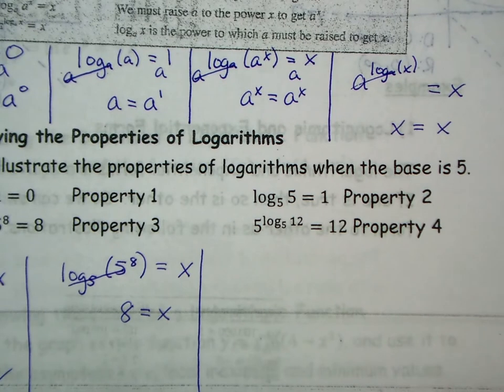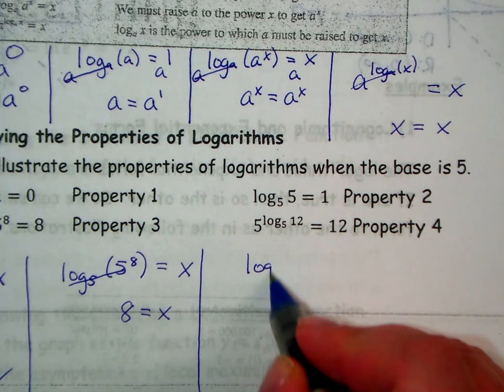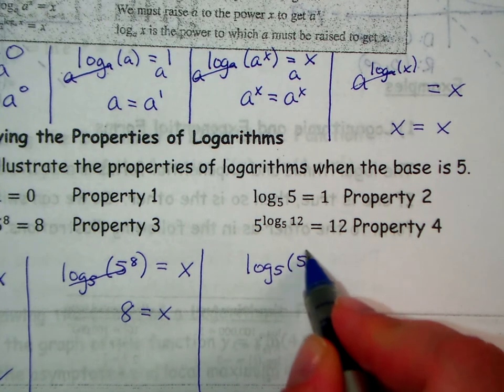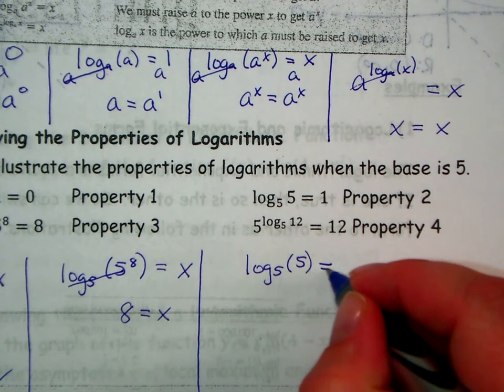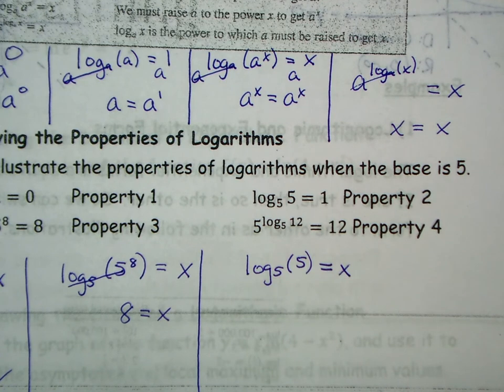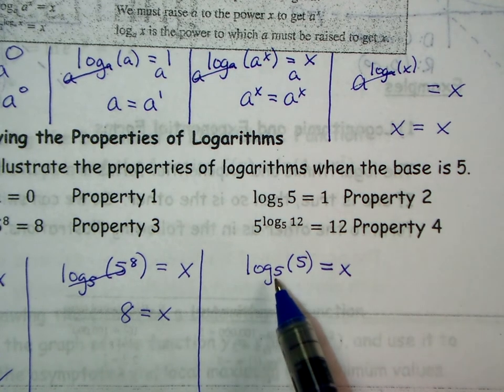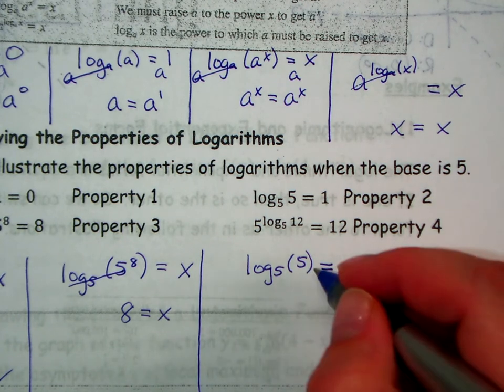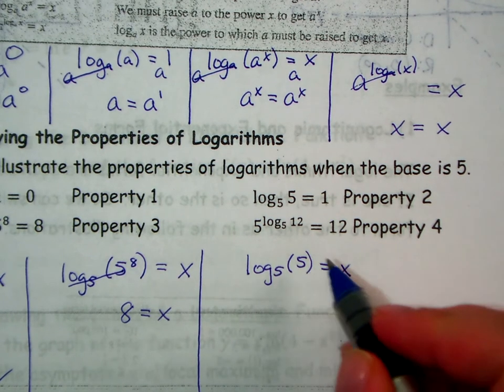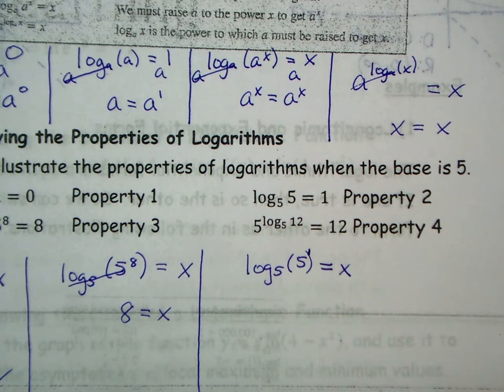What's log base 5 of 5? So let's say we didn't know the answer. We're going to make it into an equation here. Set it equal to x. Now log base 5, and then we have 5 to what power here? They didn't write a power, but it's understood to be a power of 1.